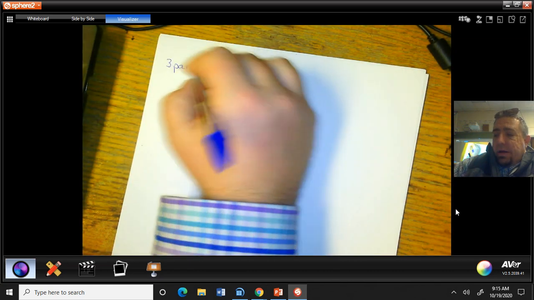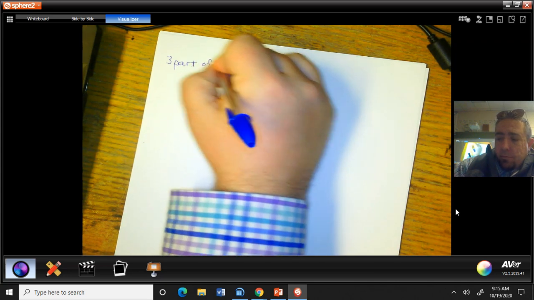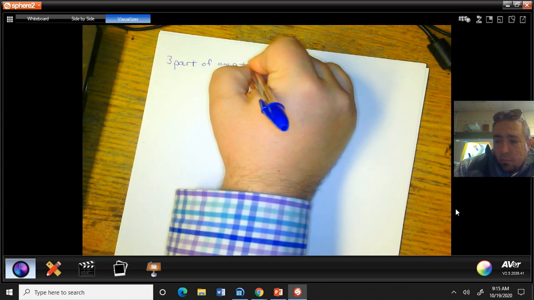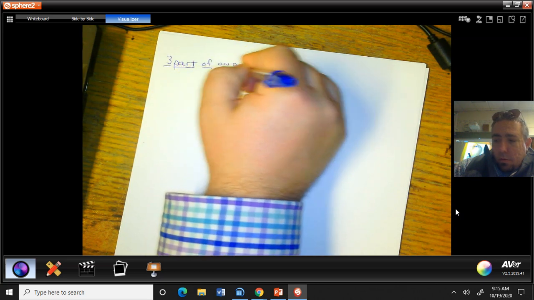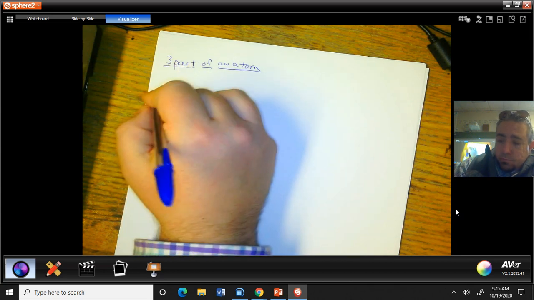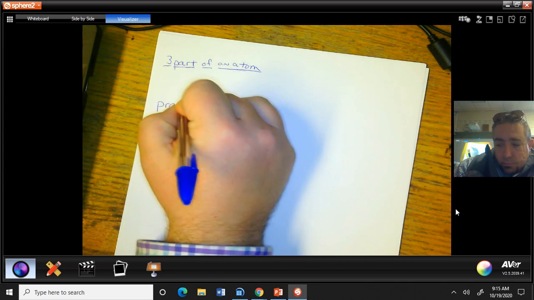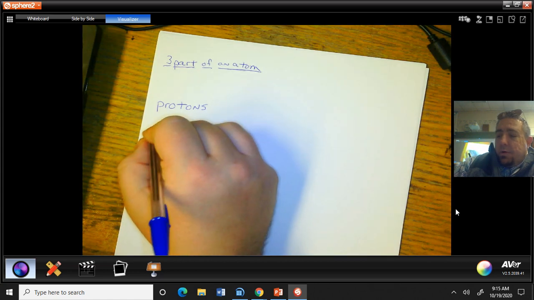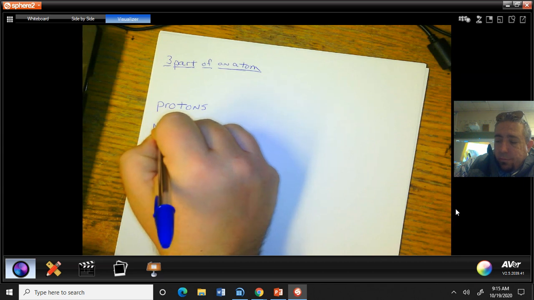So you might want to take this down as notes. Three parts of an atom. They are protons. What are the other two? Electrons and neutrons.